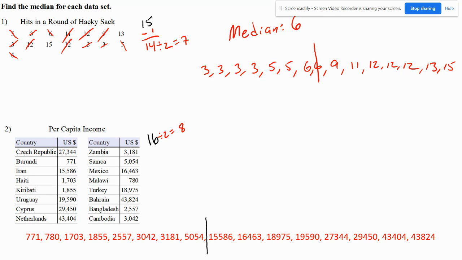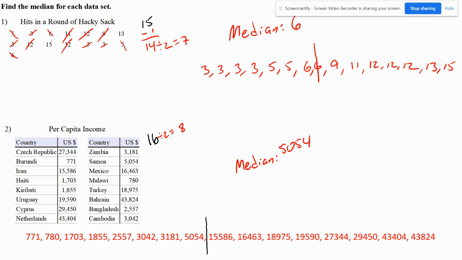Now, I don't go in between 2 numbers. I don't go through a number. I go in between 2 of them. So what I'm going to do in this case, let me get the average of those 2 numbers. So for me to find the median, because in this case, I don't go through a number, let me add the 2 numbers that I go in between.